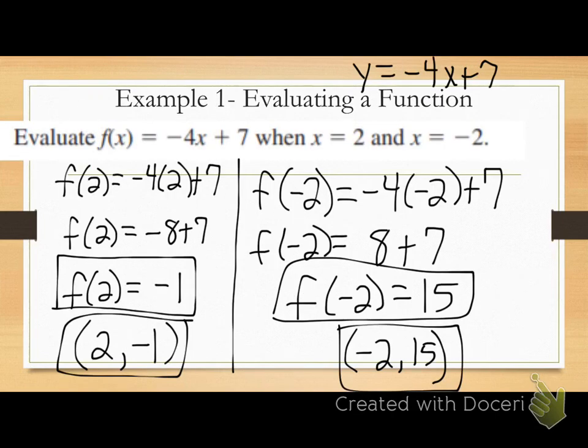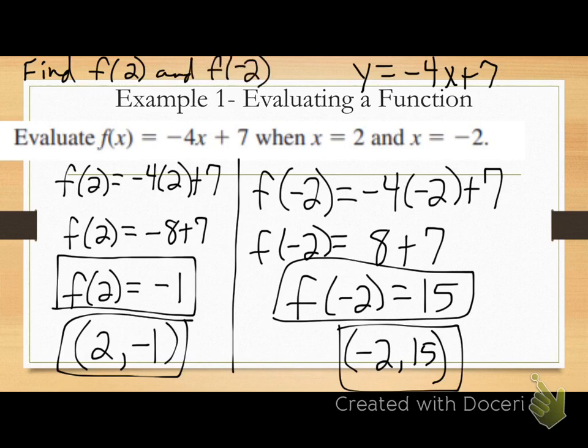I forgot to mention this on example 1, but sometimes you'll see it written like this: evaluate the function when x equals 2. Another way to word it would be to say, find f of 2 and f of negative 2.